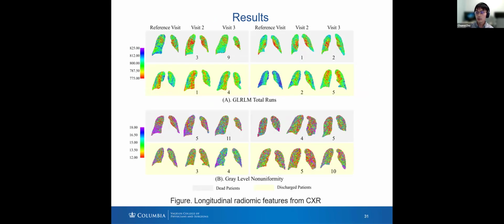Several longitudinal radiomic features for chest X-ray were demonstrated between patients of different outcomes. In this figure, I showed longitudinal progression of the radiomic feature maps at 3 visits for different patients of 2 different radiomic features from chest X-ray image.